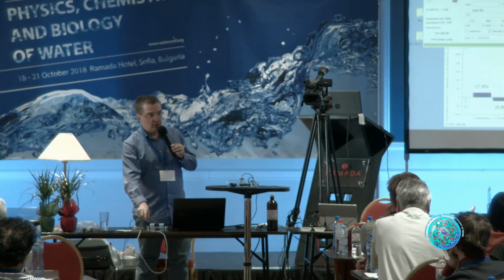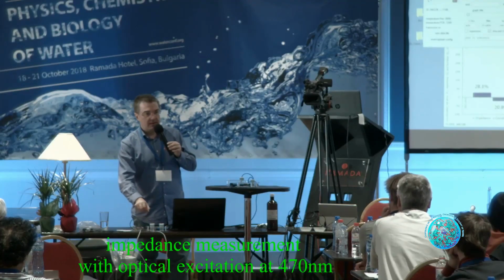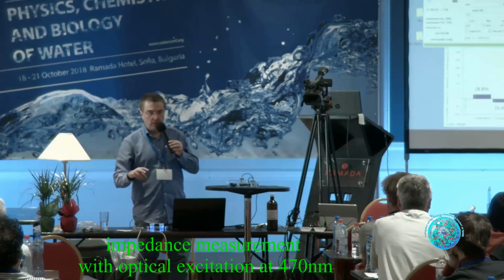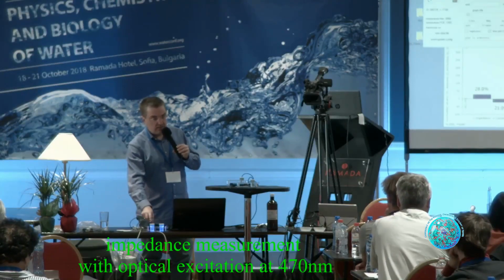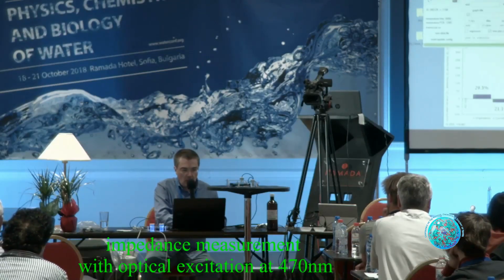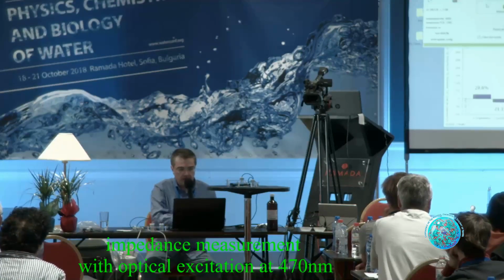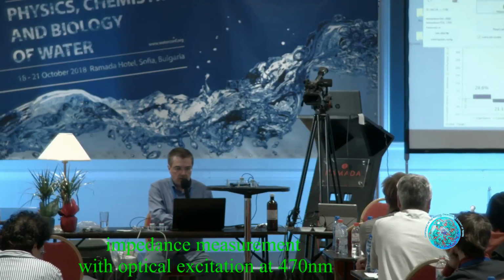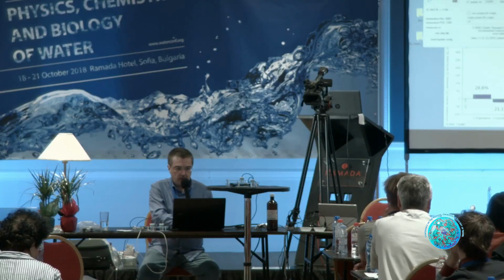We excite now with blue light with 470 nanometers and with a frequency. So we have 1.1 megahertz and 0.5 hertz excitation. Okay, well, now we stop it. And what I will do, I will stop excitation.